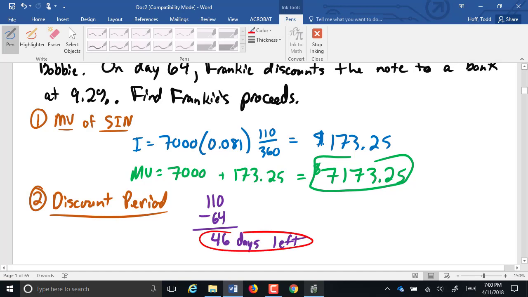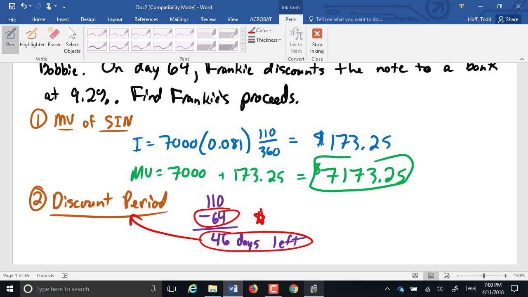That is our discount period. Now I'm going to warn you, when we do the Unit 3 test, that is the single biggest mistake people make on that test: they find the number of days that have gone by and use that as the discount period. They forget to subtract it from the total days. In some of the examples coming up, you'll see why that can be confusing. So far, we're keeping it simple, so it's relatively obvious that you have to subtract. But coming up, it does get more confusing.